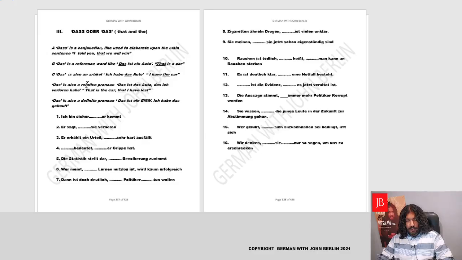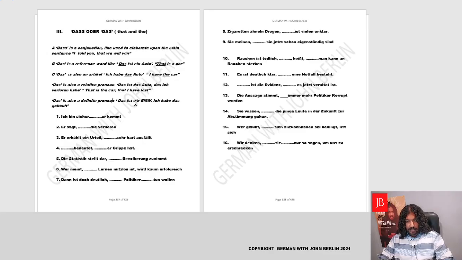Now das is also a relative pronoun. For example, that is the car that I have lost. Das ist das Auto, das ich verloren habe. Auto is Neutrum. We are relating to Auto. What have I lost? Das Auto, Akkusativ, den die das. So this das is a relative pronoun meaning that, like a reference word. Das is also a definite pronoun.